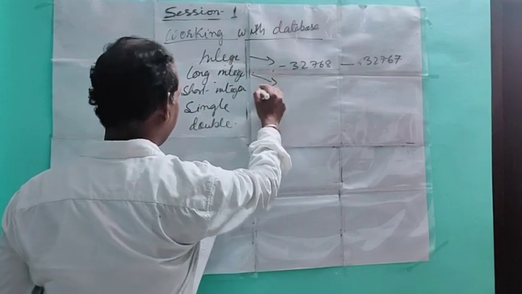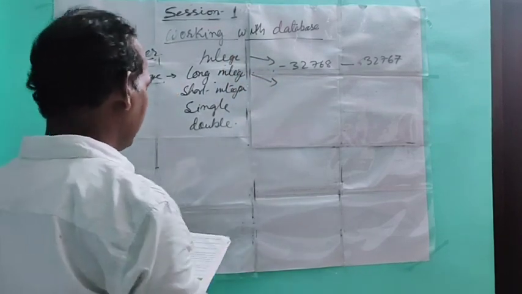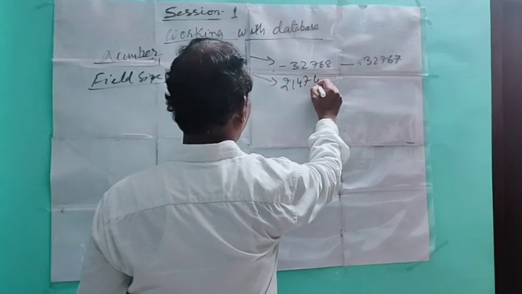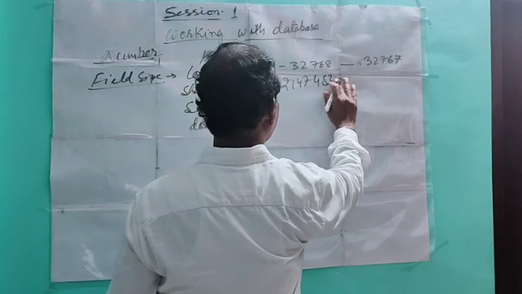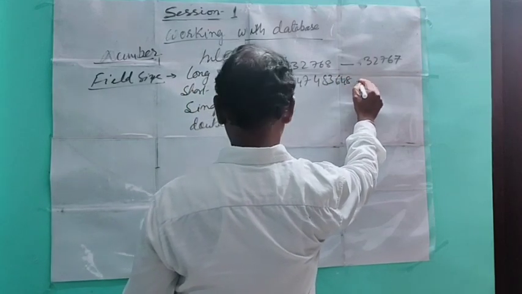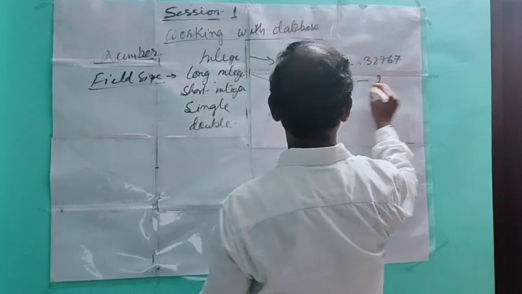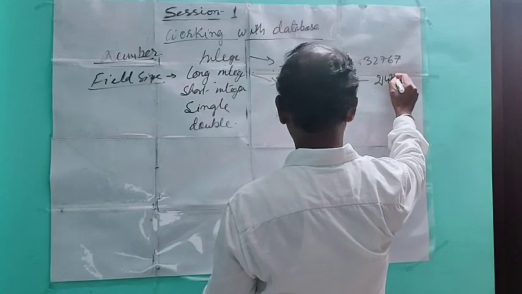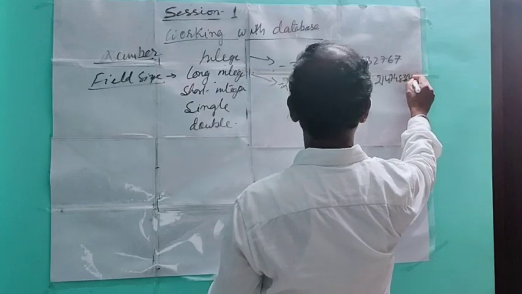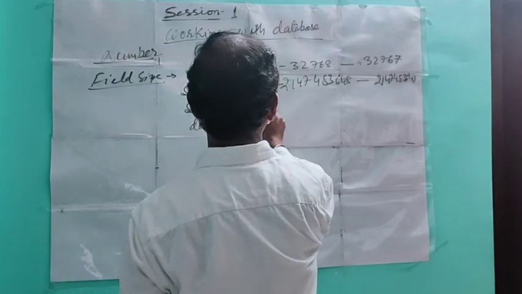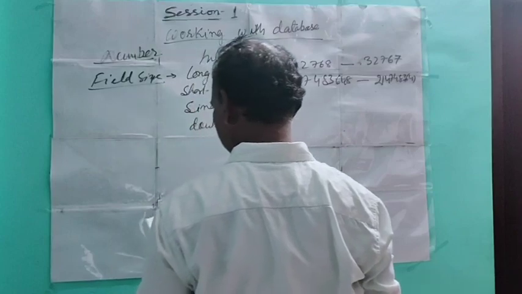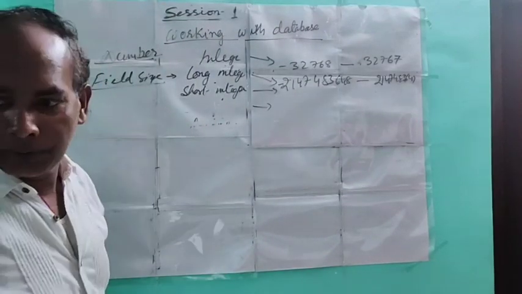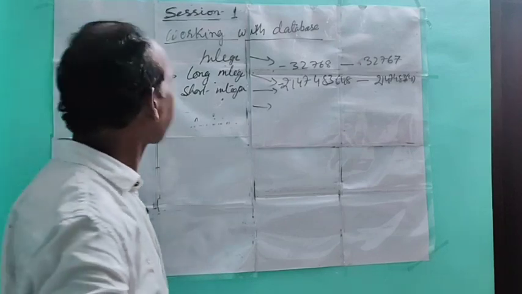And the range of the long integer is -2147483648 to 2147483647. So the different ranges are there. Okay. So these are the different field sizes used in number.